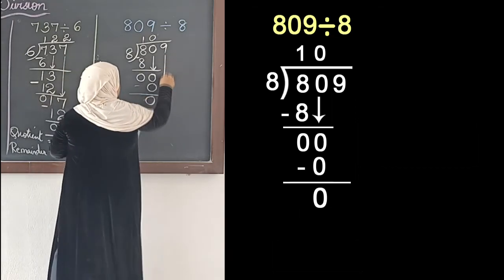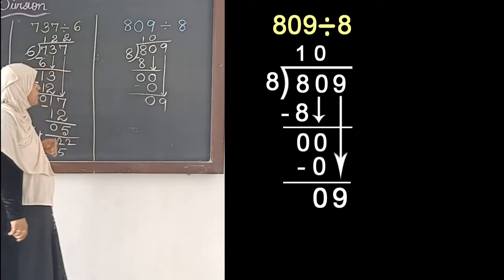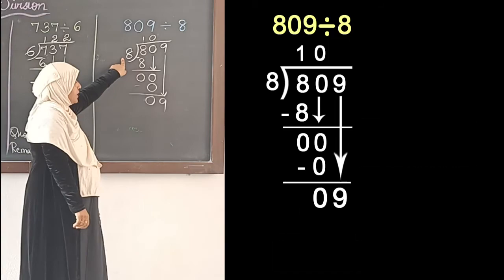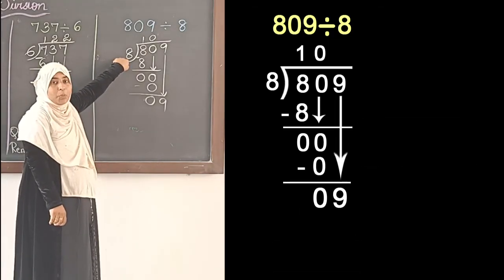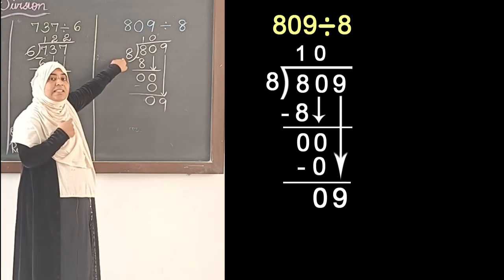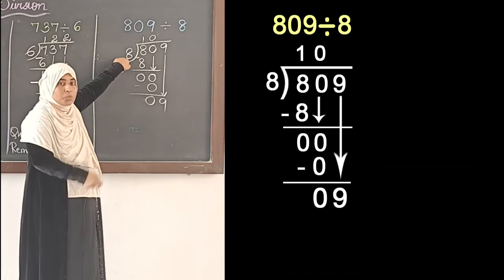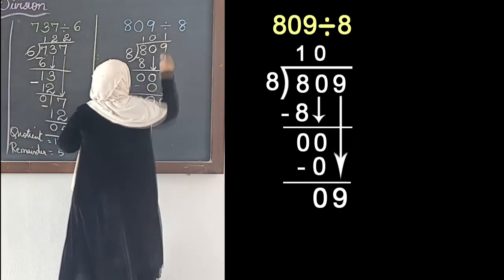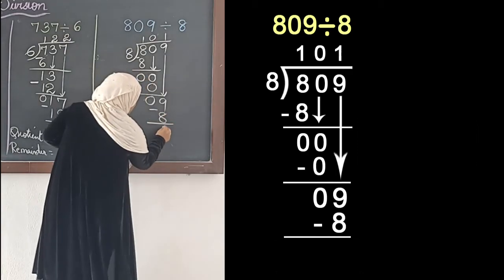Next, bring down 9. Now, we have to look for 9 in the table of 8. 9 divided by 8. Do we get 9 in the table of 8? No. 8 ones are 8. 8 twos are 16. 16 is greater than 9. So, we have to go for a smaller number. So, we will go for 8 ones are 8. 9 minus 8 is 1.